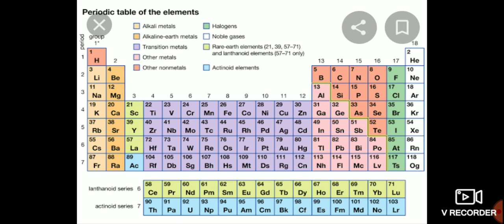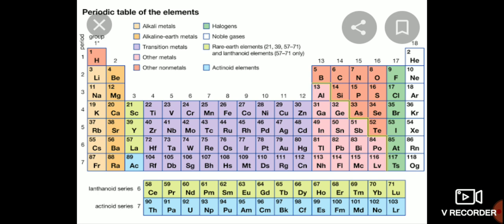The non-metals are present in the upper right corner of the periodic table. In the modern periodic table, the elements are arranged in increasing order of atomic number, so the lanthanide and actinide series can be placed at the bottom of the periodic table.